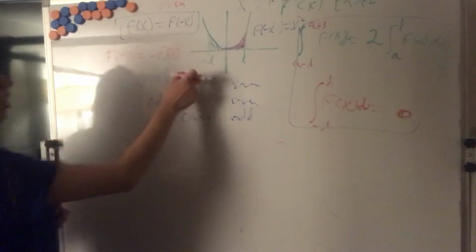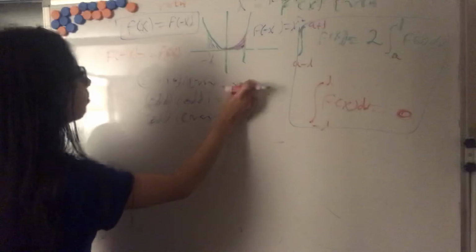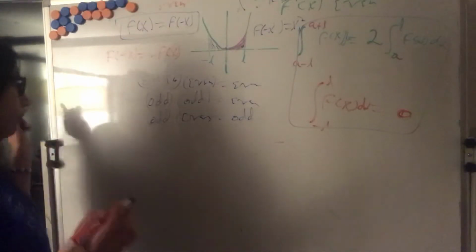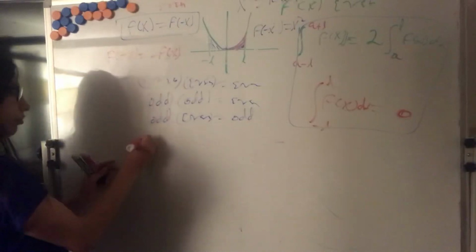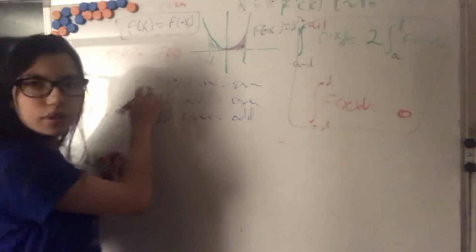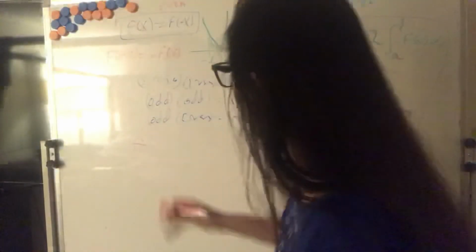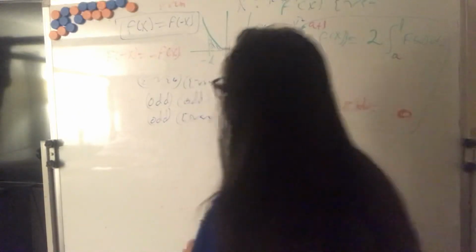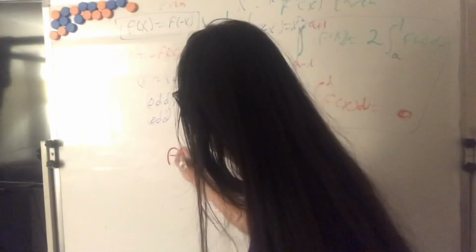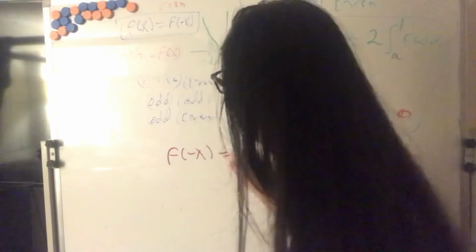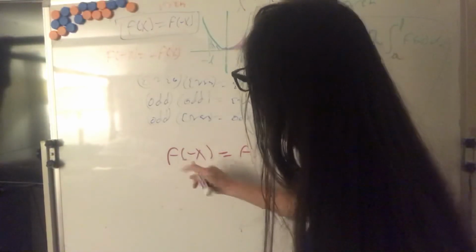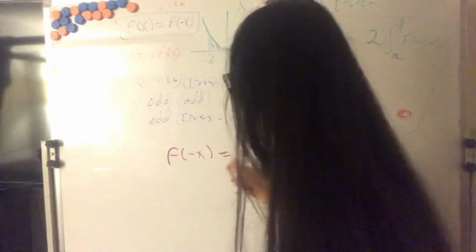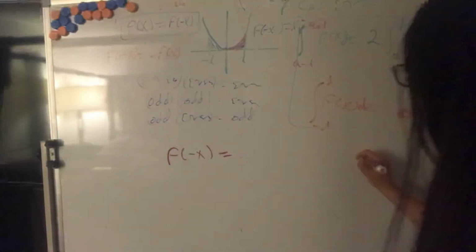So for proving the first one, an even function needs to accomplish this property. Let's say that to accomplish this to be true, I would have that f of minus x needs to be equal at the end to f of x.